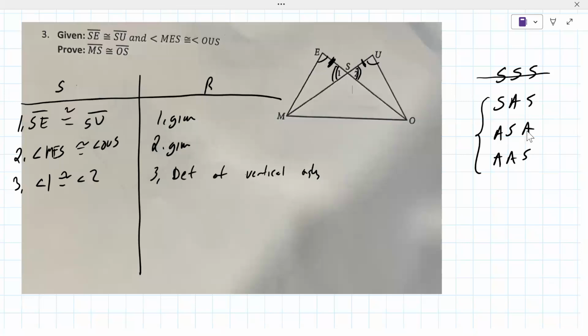I don't think it would be angle side because isn't our side in the middle? Yes. So let's go angle side angle. All right, very good.